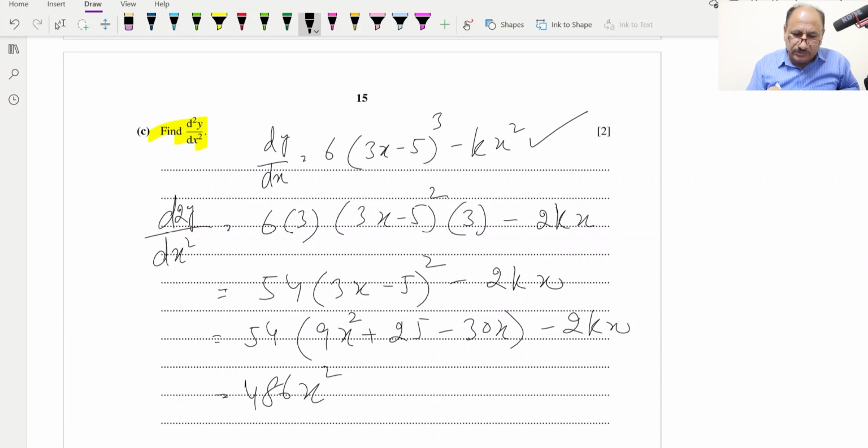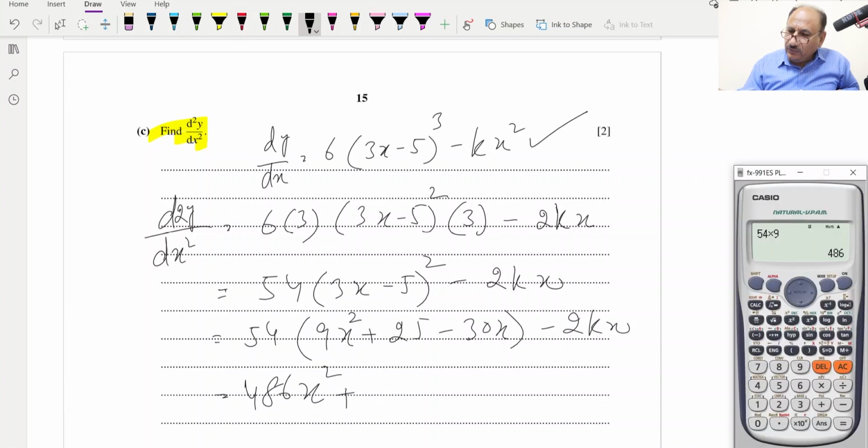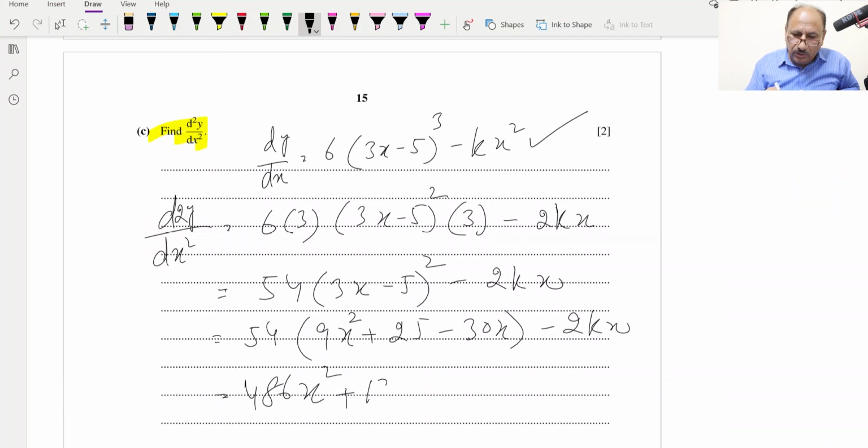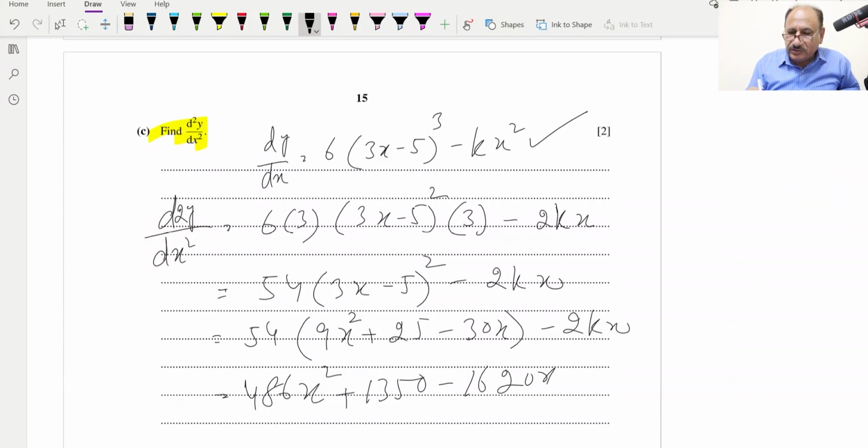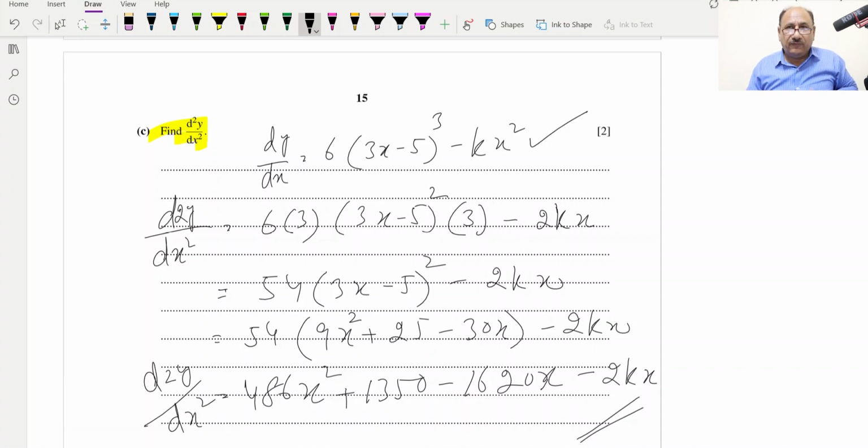So 486x square plus 54 multiplied by 25 will be equal to 1350, and minus 54 multiplied by 30 is equal to 1620x, and minus 2kx, and this will be the final answer for the second order derivative which we have done.